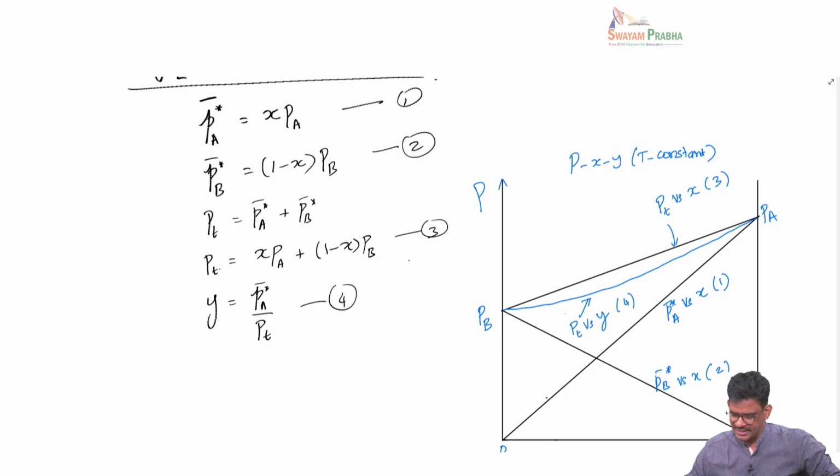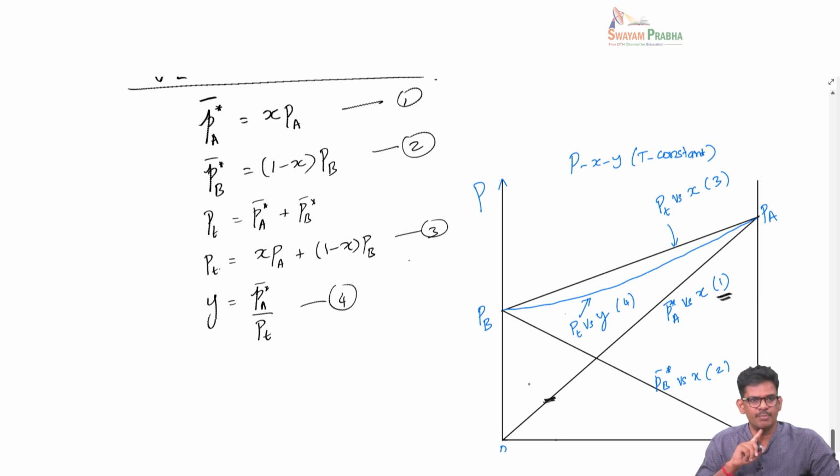You see this particular line here, this line is a straight line corresponding to equation 1, right? It says that as a function of X, the equilibrium partial pressure of A will be linearly dependent on the mole fraction, and the slope is determined by the vapor pressure. So equation 1 is plotted as a straight line here.